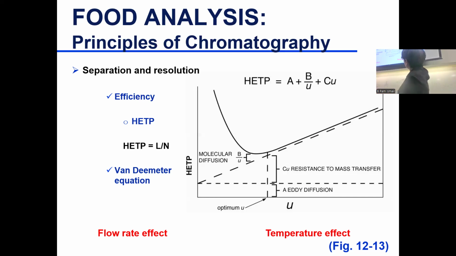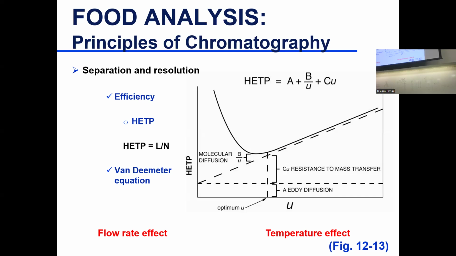So basically, this figure shows you that you have to manipulate your conditions, whether it is flow rate, the column dimension, the thickness of your stationary phase, temperature, and flow rate to reach the smallest height equivalent theoretical plate. That would be the target.